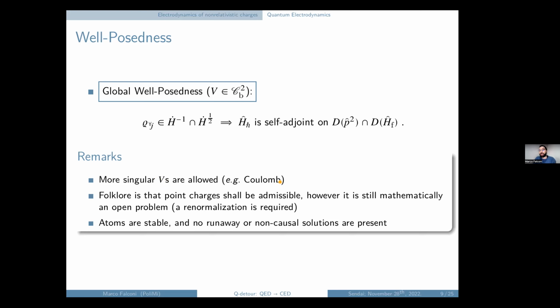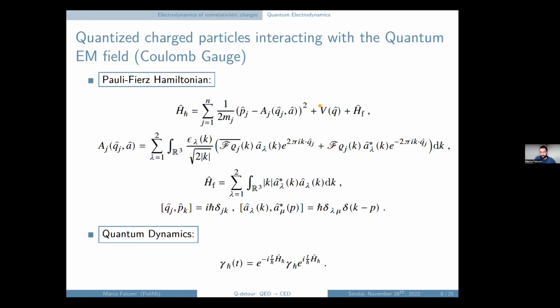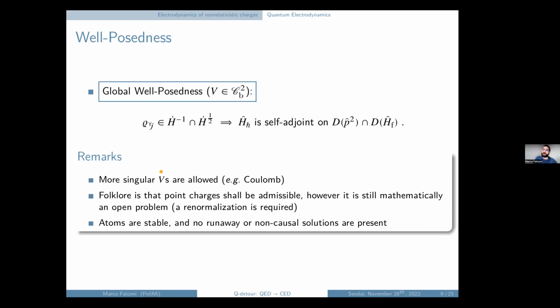In particular, we could take the Coulomb potential for V. At the classical level, again, let me stress that if we take the Coulomb potential between the particles, even forgetting that the distribution is extended, we are not able to prove well-posedness of the dynamics. So the electrostatic problem is cured by taking the quantum mechanics.